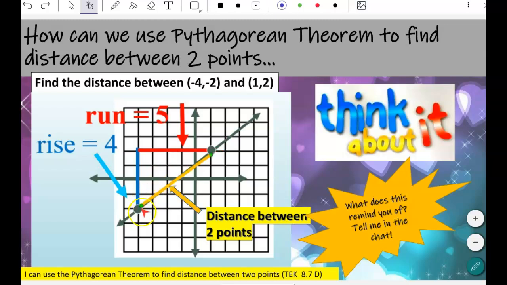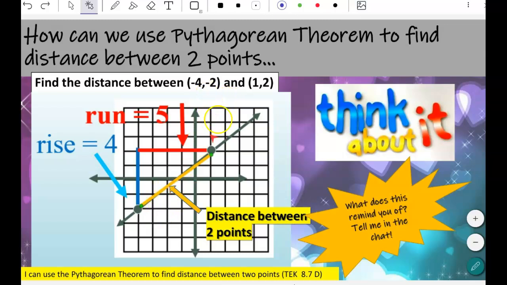So then you have your A and B, and you're just looking for C, because remember, here's your right angle, so this is the hypotenuse. So you could just use the Pythagorean theorem at this point. Hopefully that makes sense.